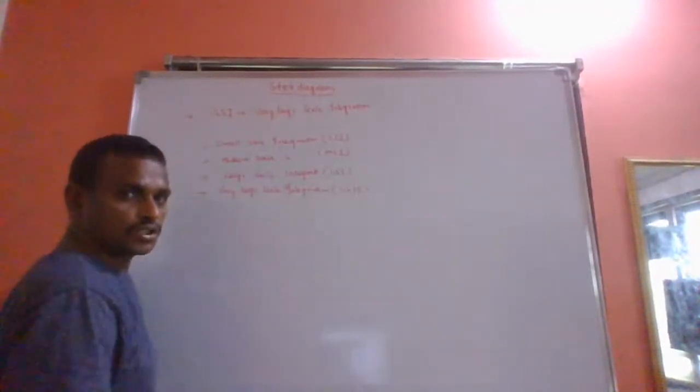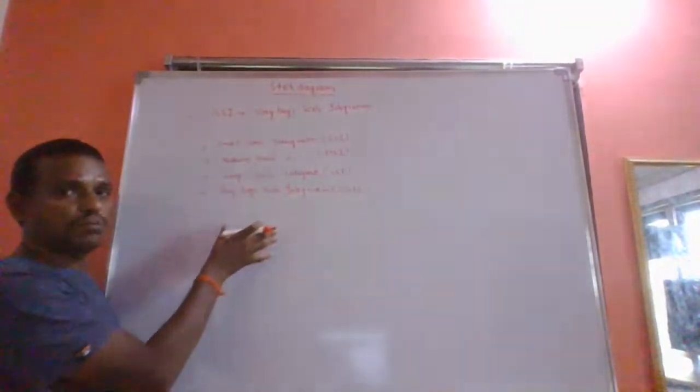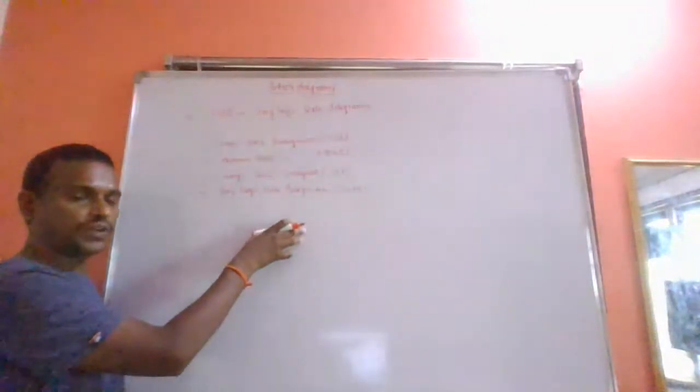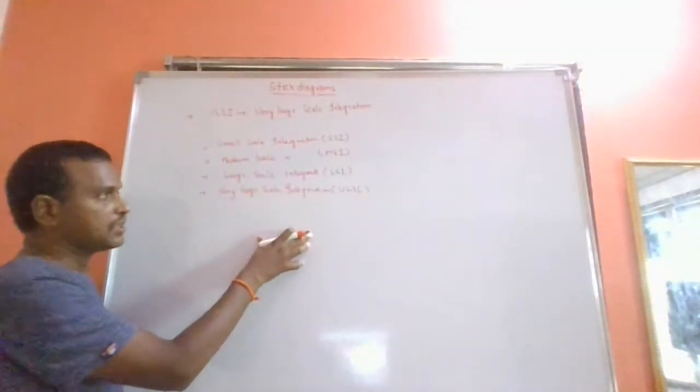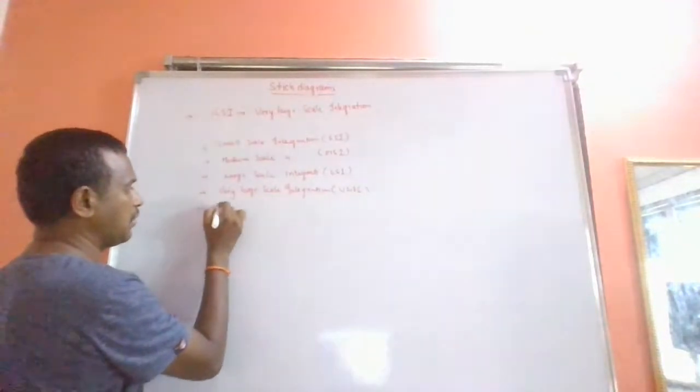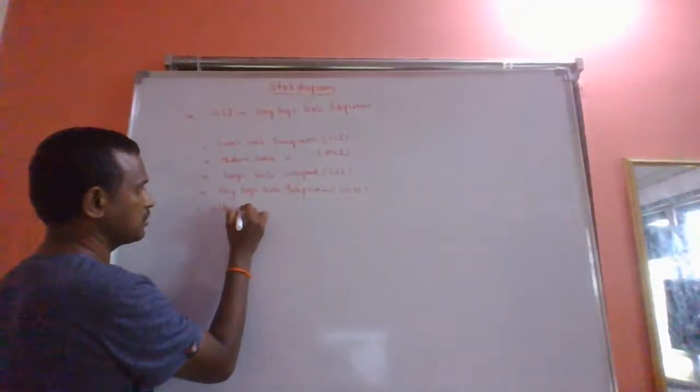This is how the transformation of these scales of IC integration has taken place. And the final one here is ultra large scale integration.